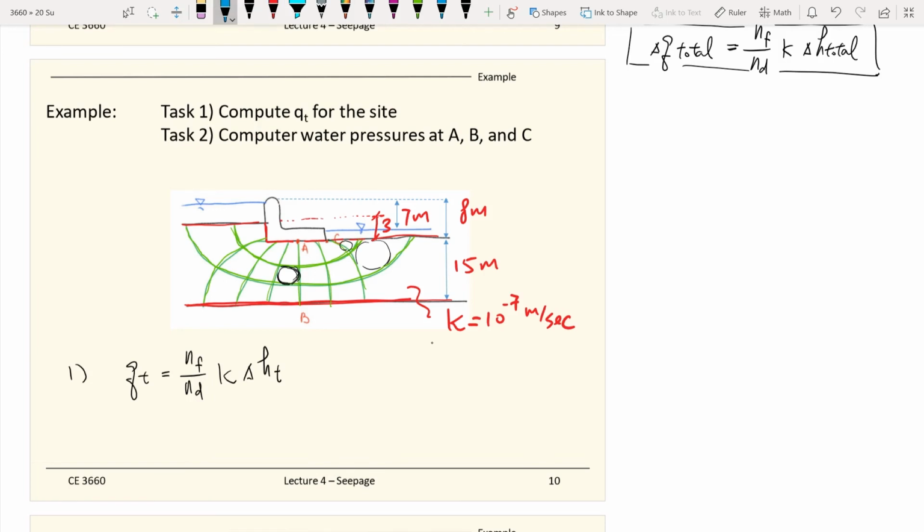We have flow tube number 1, flow tube number 2, and flow tube number 3. So N sub F equals 3. And number of drops: we have 1, 2, 3, 4, 5, 6, 7. So the number of drops is 7. And the hydraulic conductivity is 10 to the negative 7 meters per second.